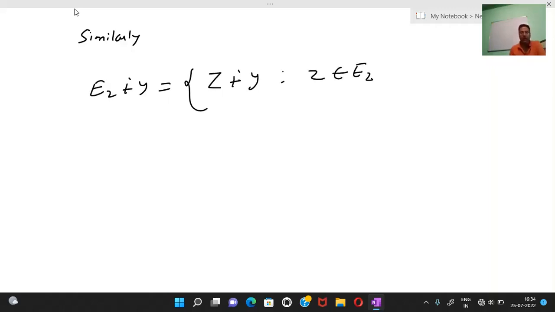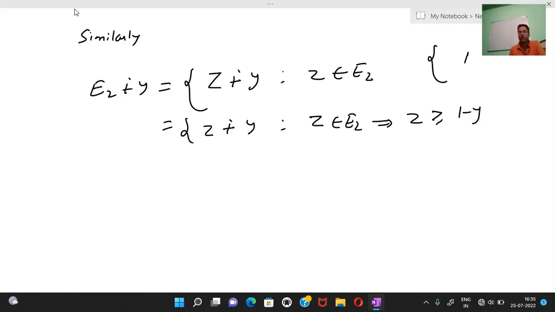Now z belongs to E2 implies z belongs to E intersection the closed interval 1 minus y and open interval 1. So z is greater than or equal to 1 minus y.